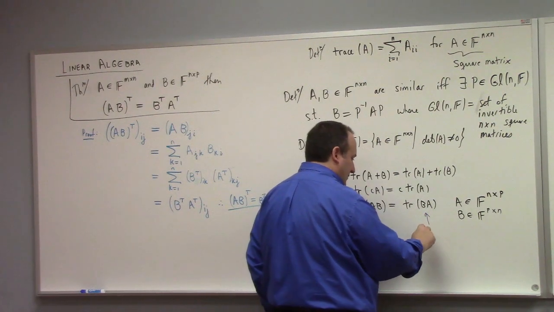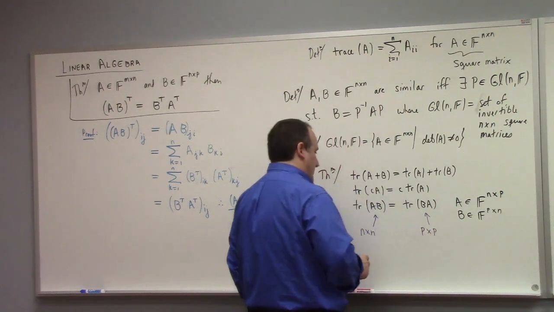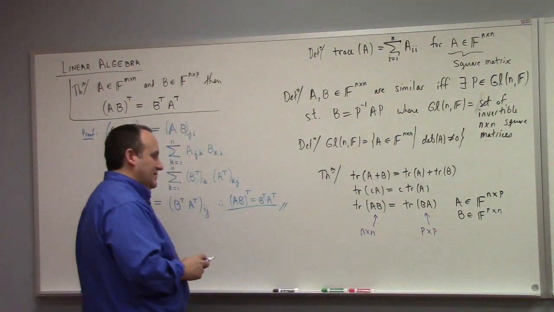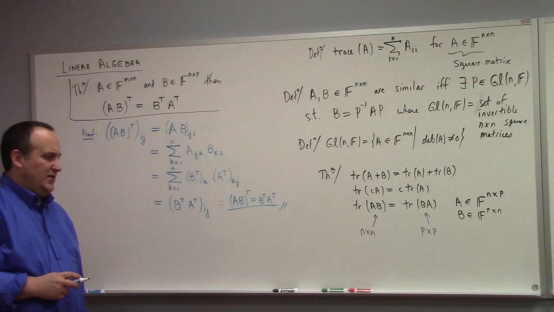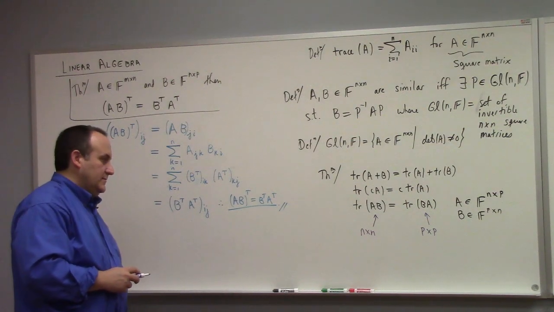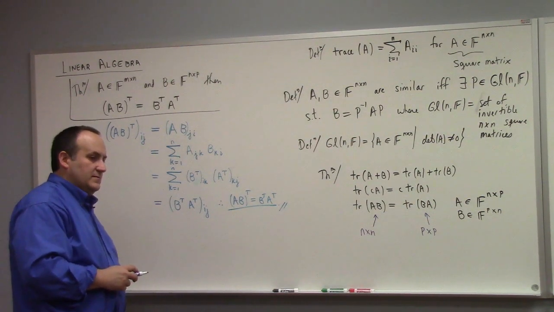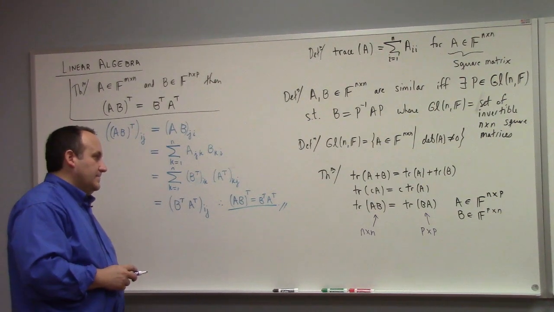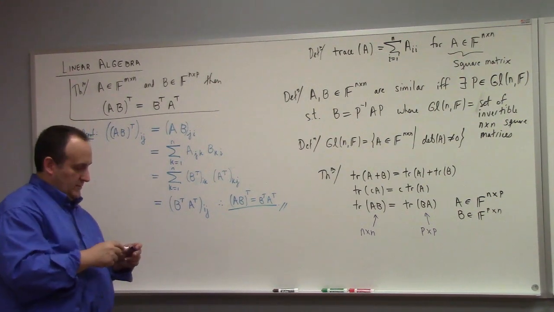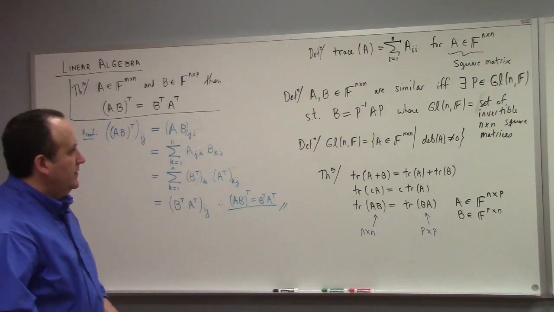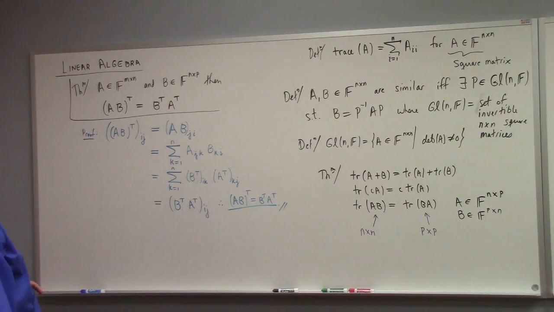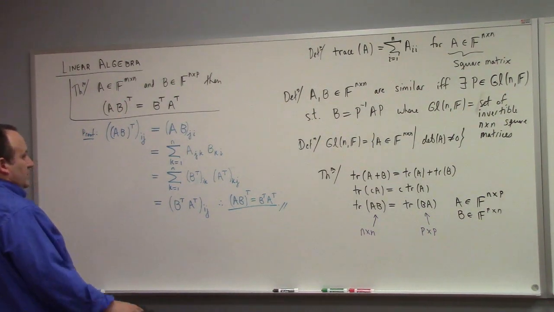Well, it would be p by p, and somehow this formula for the trace has these being equal. That's really kind of surprising.